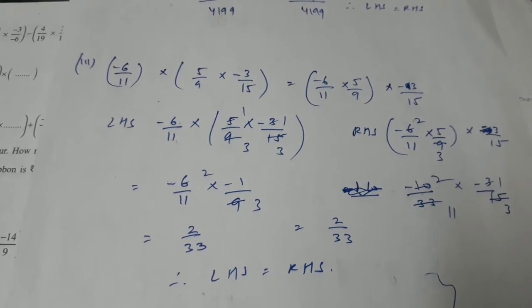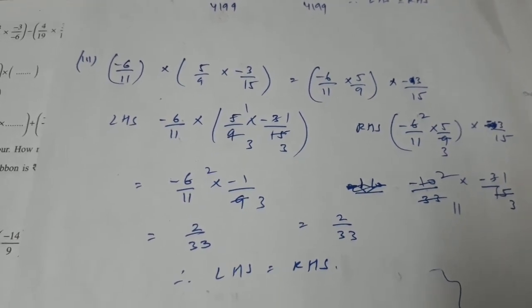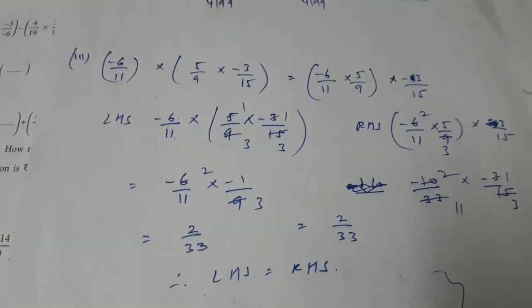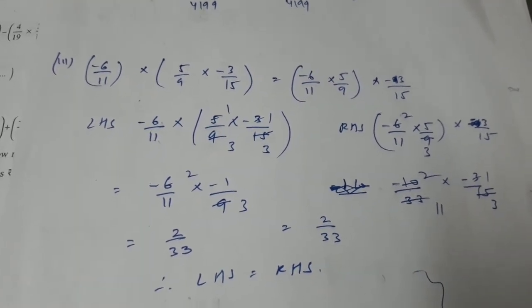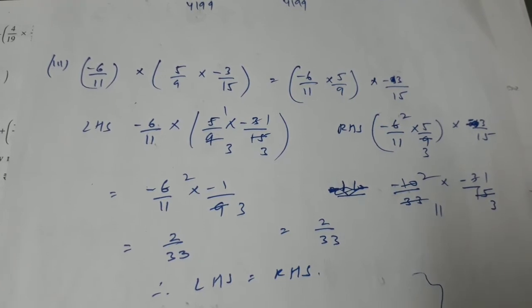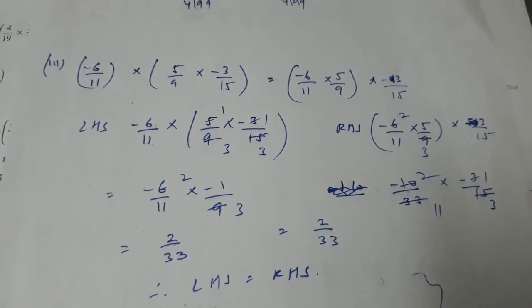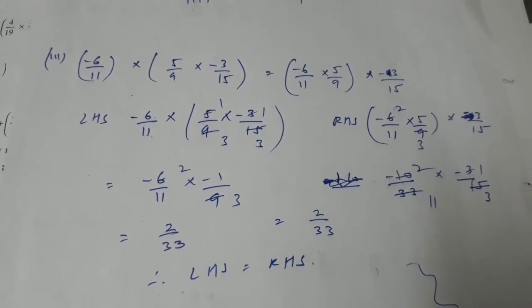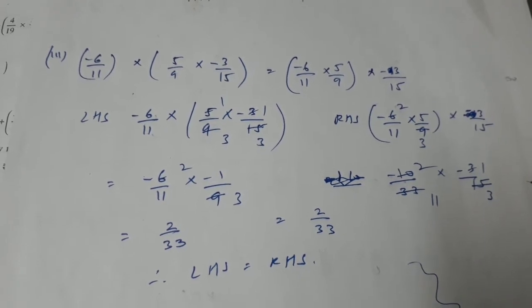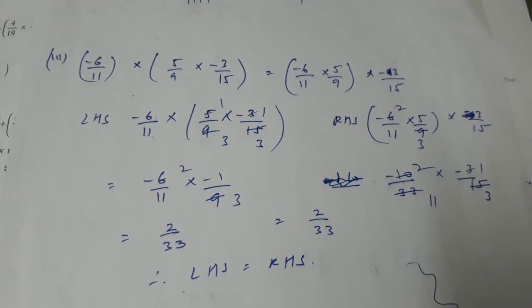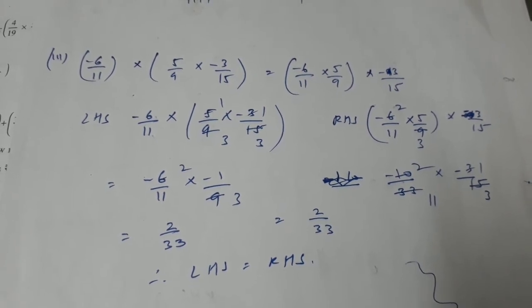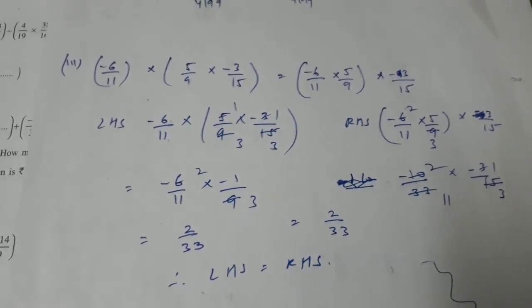In the third part, minus 6 by 11 into within bracket 5 by 9 into minus 3 by 15, and on the right hand side, minus 6 by 11 into 5 by 9 within bracket, into minus 3 by 15. After cancellations, left hand side would be 2 by 33 and right hand side would be 2 by 33. So here also left hand side equals right hand side.